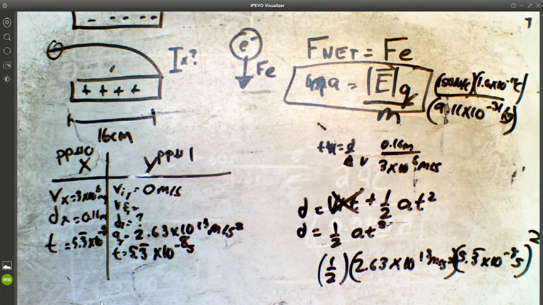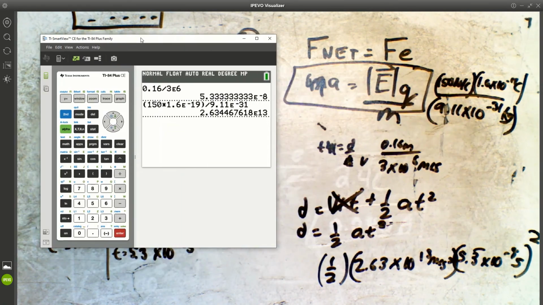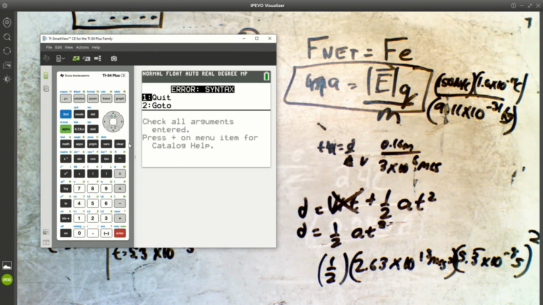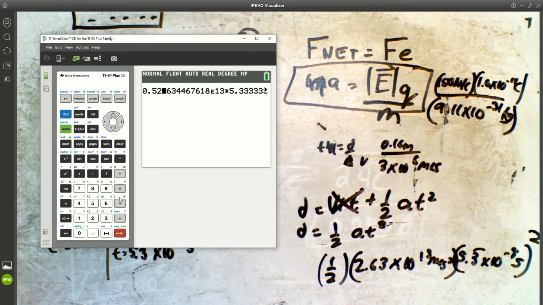I have those both in my calculator. So 1/2 times my acceleration times my time squared. Don't forget that. Oh man, what did I do?